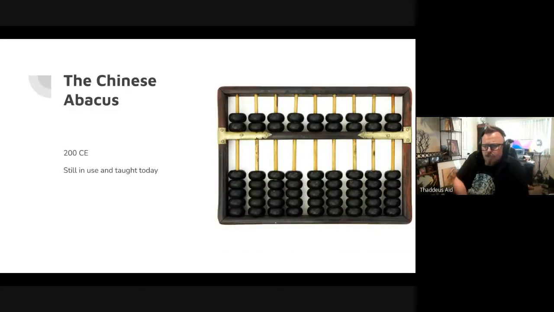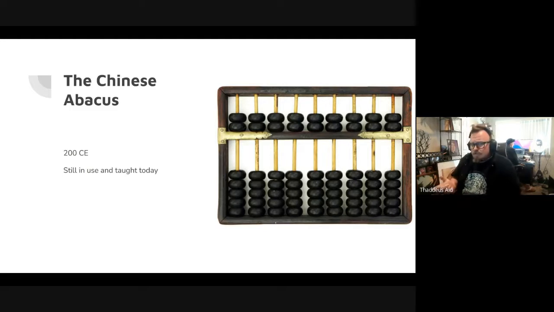Moving forward, 200 CE, we have the Chinese abacus. I had one of these when I was a kid. It's still in use. I forget which of the East Asian countries still holds competitions and has schools dedicated to the use of the abacus. But it's very cool.